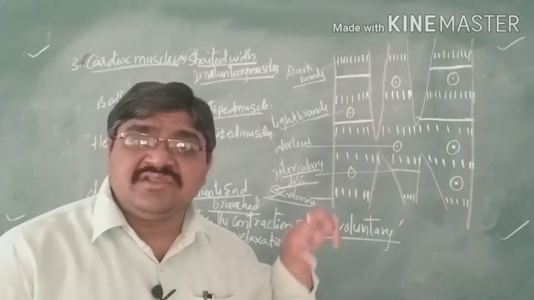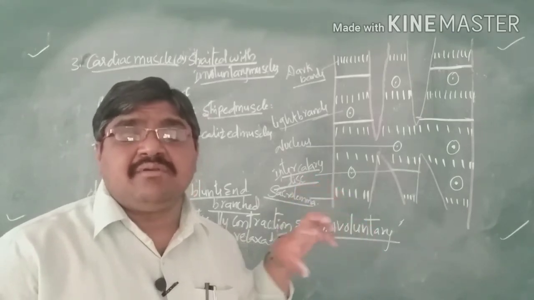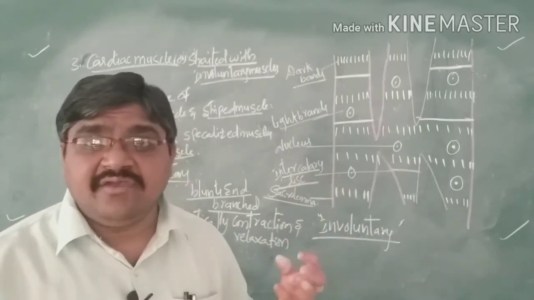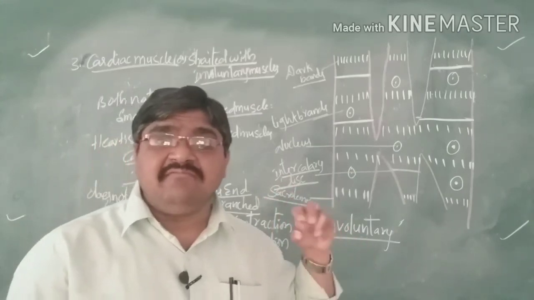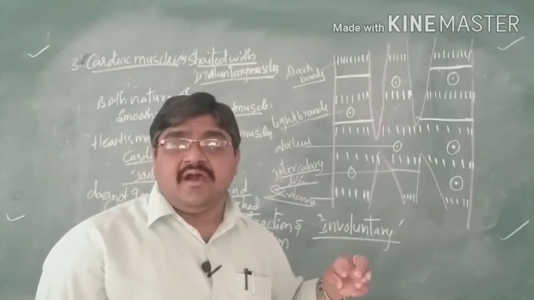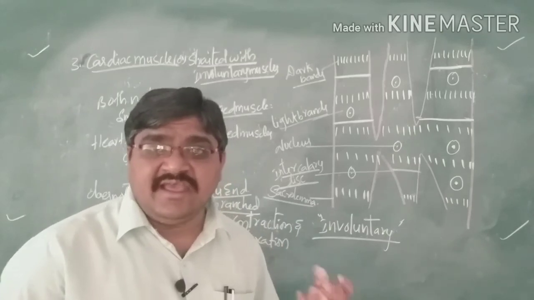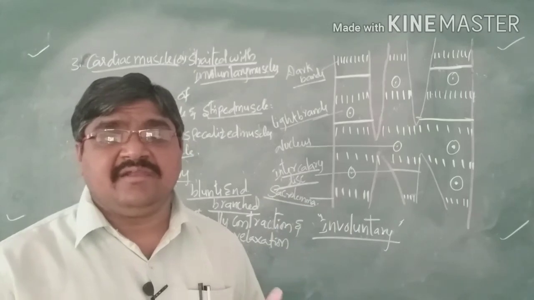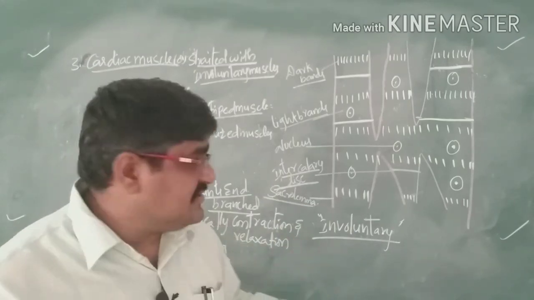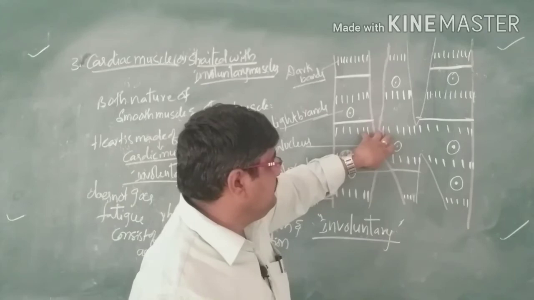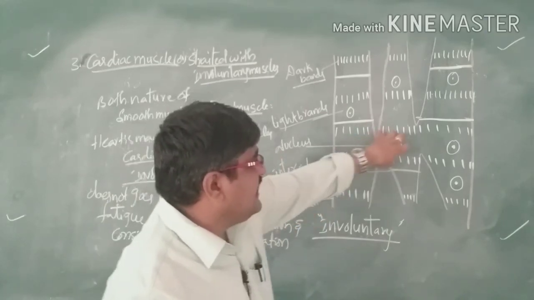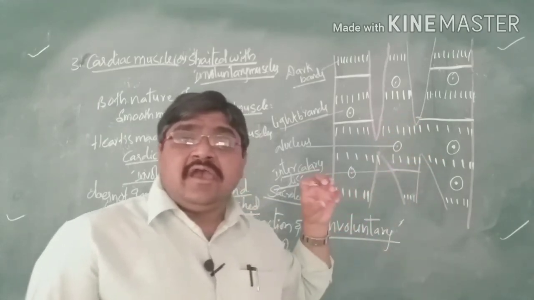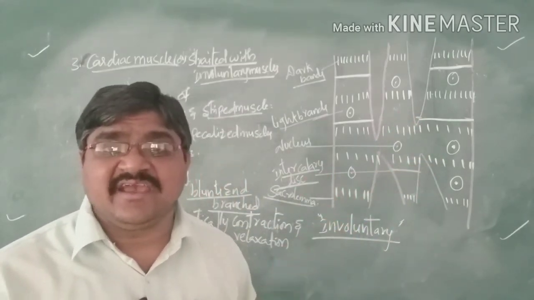They show both dark bands and light bands, are involuntary, have a rich blood supply, and have many mitochondria. They undergo aerobic respiration, contain sarcoplasm and sarcolemma, and undergo rhythmic contraction and relaxation.